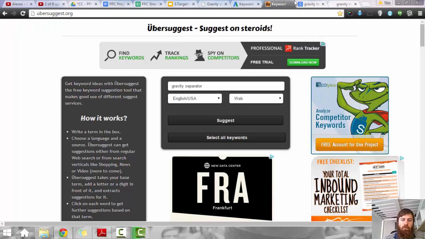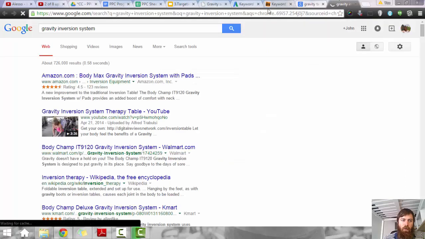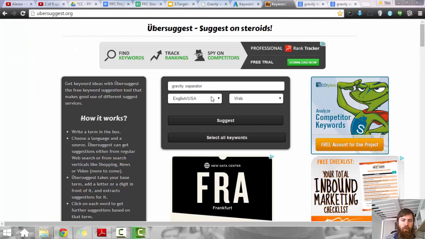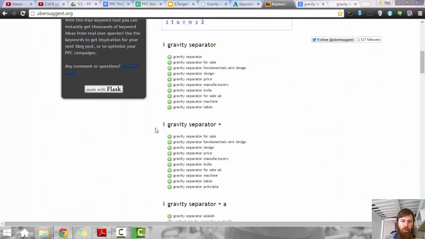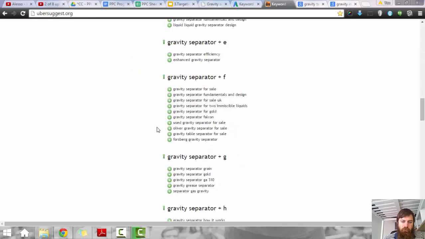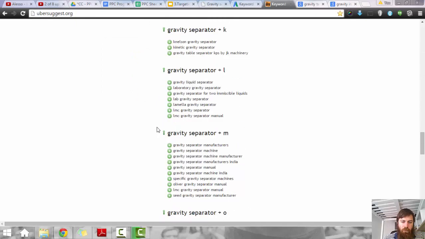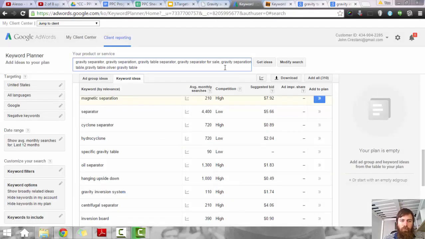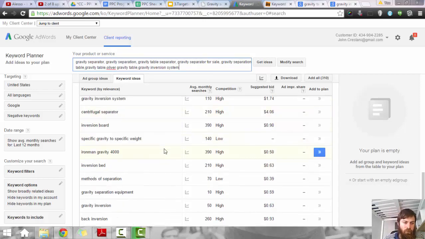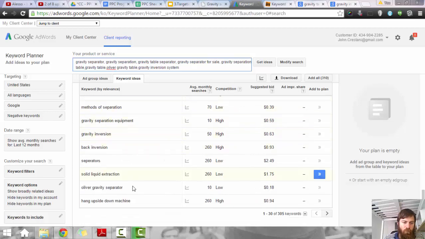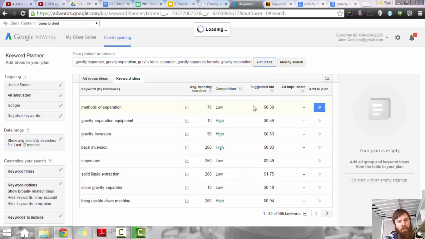So what is an inversion system? Okay. So Oliver gravity separator. I think we already.